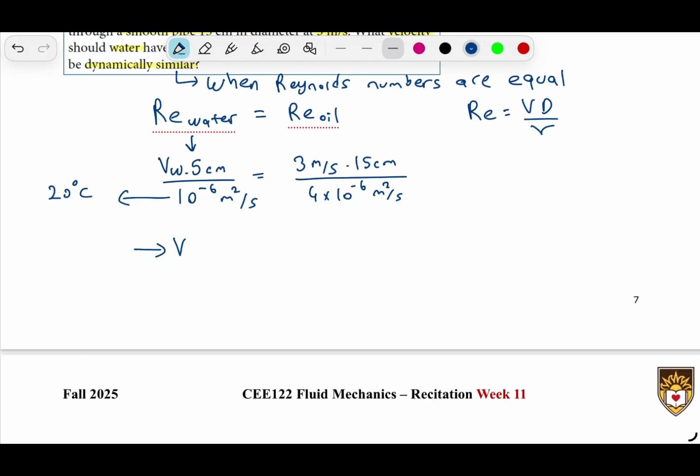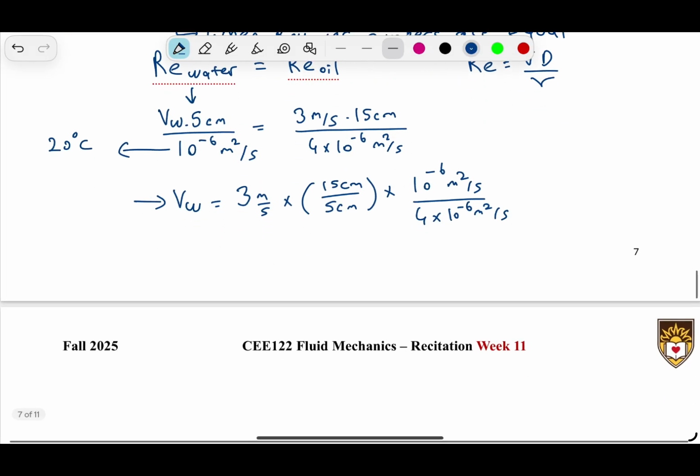So here the velocity of water will be equal to 3 meter per second times 15 centimeter over 5 centimeters and 10 to the power of minus 6 and then 4 times of that value. And from this equation we can get velocity of water as 2.25 meter per second.